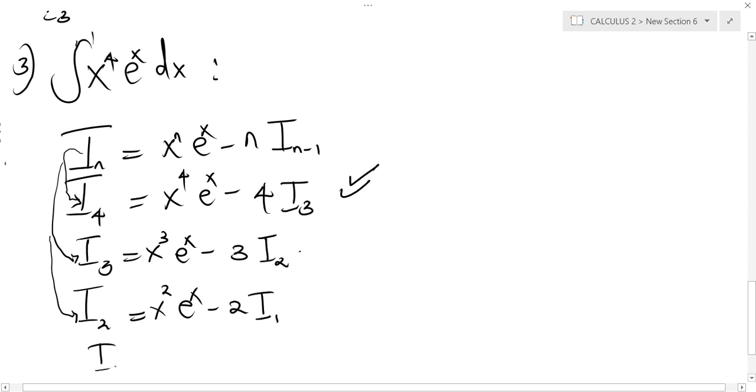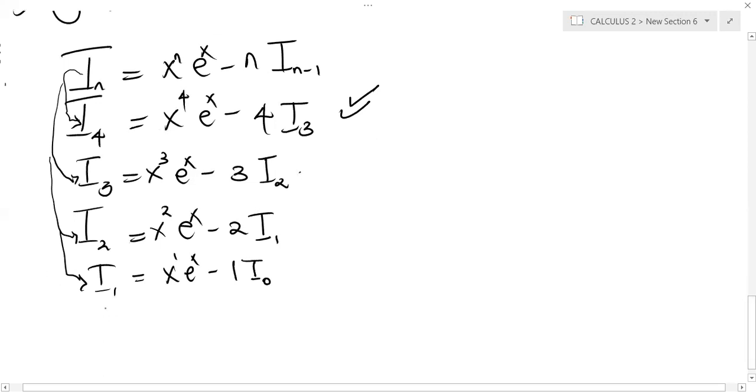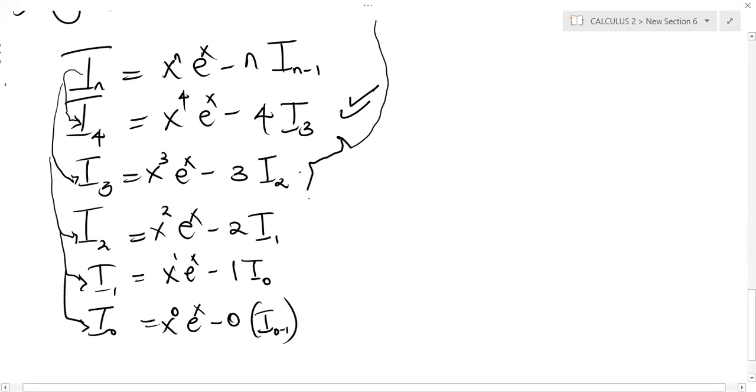We now need to get the value of our I1. So what is our I1? x raised to power 1 exponential x minus 1 I1 minus 1, which is I0. And finally, what is our I0? So our I0, still using the general formula, is x raised to power 0 exponential x minus 0 I0 minus 1.